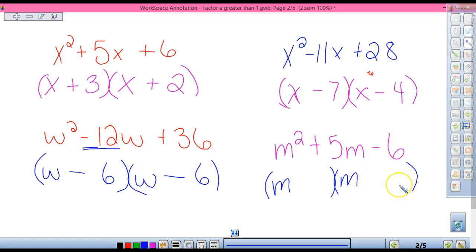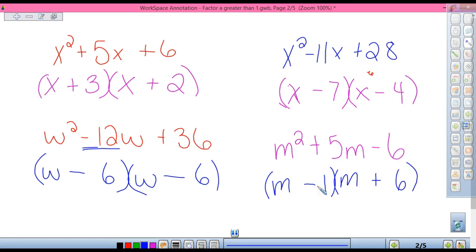Okay, which one, how are we going to know which one? Well, we've got to be careful here because it's going to be a negative 6, so I have to have a what and a what? I have to have a positive and a negative, right? So if I use 6 and 1, which one would have to be positive? I'd have to go positive 6 and negative 1, because positive 6 and negative 1 is going to get me to a positive 5. You're right. Okay? All right.